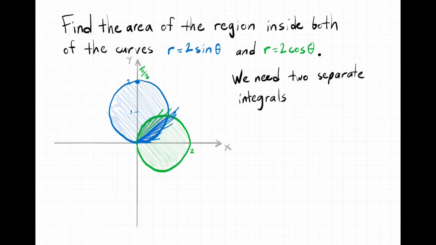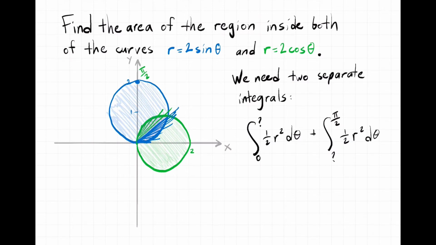We need the integral from 0 to some value of 1/2 r squared d theta, plus another integral from some mystery value up to pi over 2 of 1/2 r squared d theta.